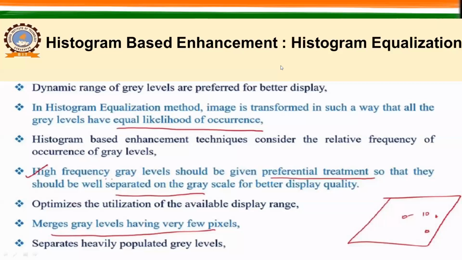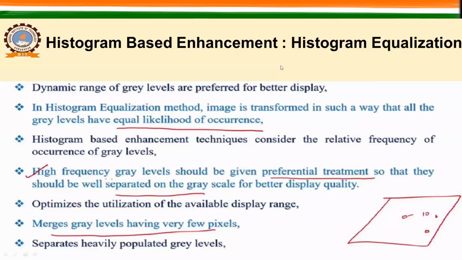Here it is saying high frequency optimizes the utilization of the available display range, and it optimizes the histogram so that 0 to 255, the whole range is used in the display, right? It merges gray levels having very few pixels, because sometimes in your image there are few pixels only, like DN number maybe 10, and the frequency of this DN number 10 is maybe 4 or 5.